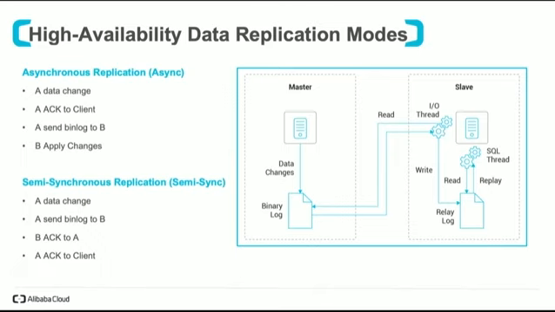Now, why is it called semi? Because in the unfortunate event that your slave node becomes unavailable for whatever reason, then the master node will switch back to asynchronous replication, which means the master node will return the result straight away, regardless of the slave node.